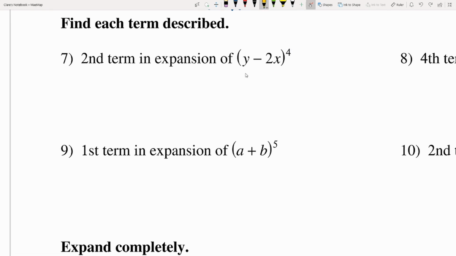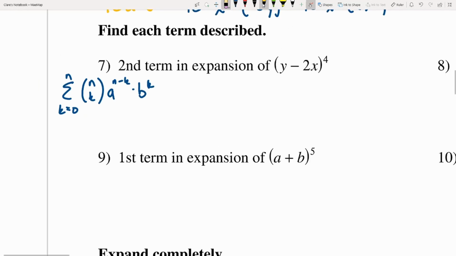So if we go over to our triangle, or better yet, just for this one, let's go back to our binomial theorem. That's the summation from k equals 0 to n of n choose k times a to the n minus k times b to the k.